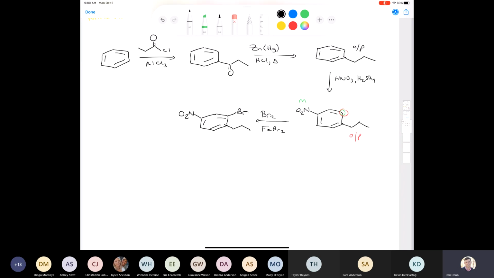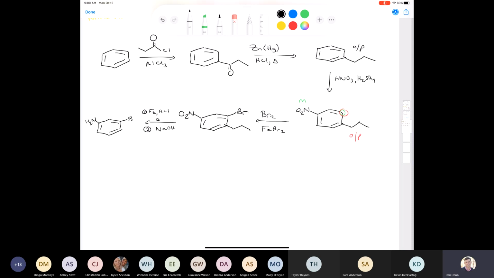Now remember that reduction is a two-step process. The first step is to treat it with iron or zinc in HCl, heat that up, and then in the second step, we're going to treat that with sodium hydroxide, right? Because you would end up with the anilinium. Okay, and so we would end up with this as our final product, where we end up with an amino group here, our aniline.